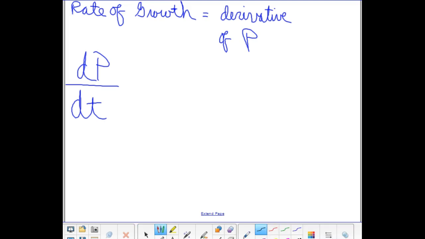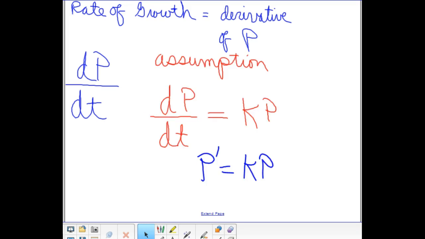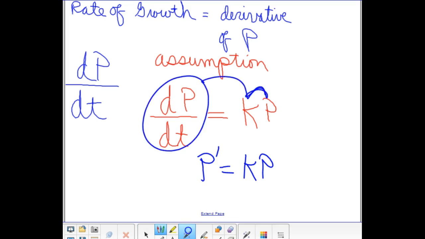So I've got the population, and then I'm taking the derivative of that population with respect to time, dP/dt. And it was proportional to its size. So the rate of change of the population is proportional to the size.